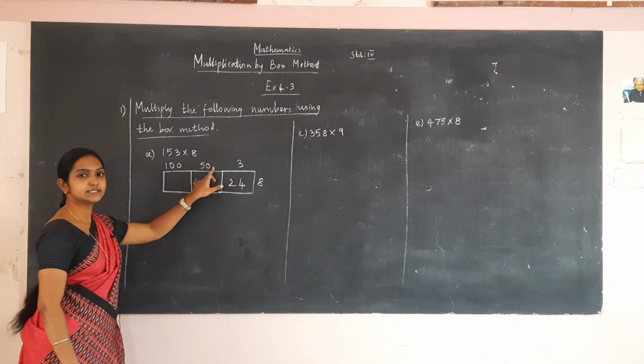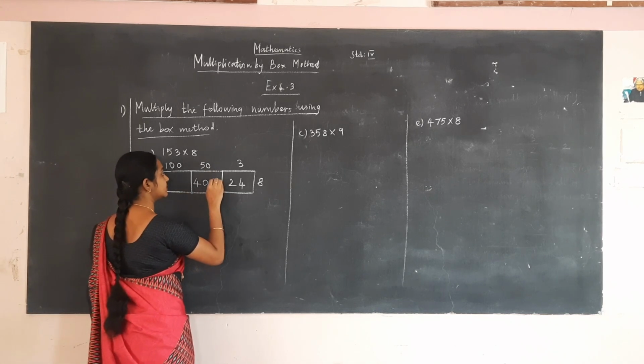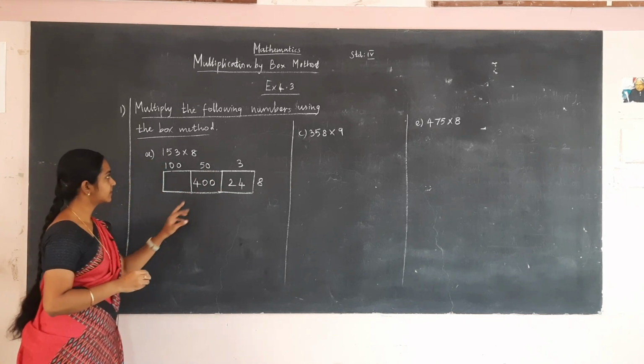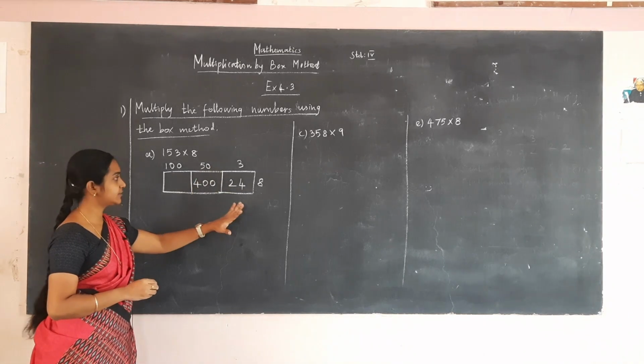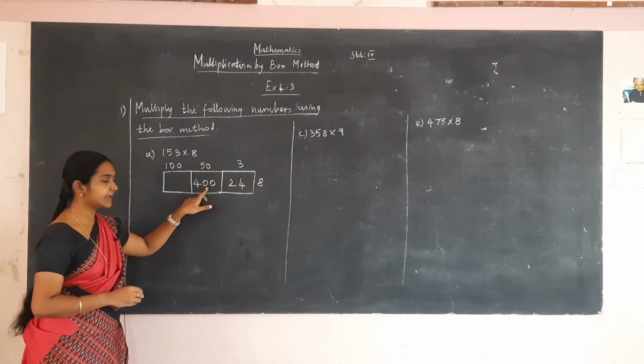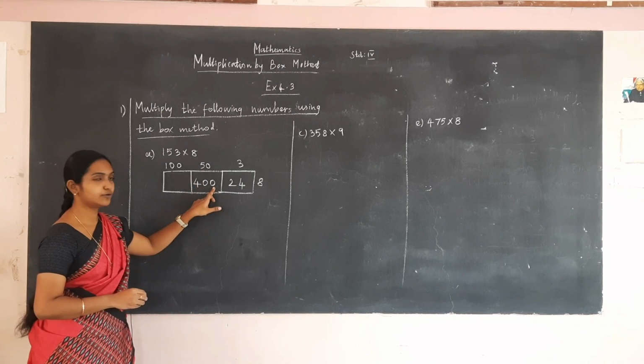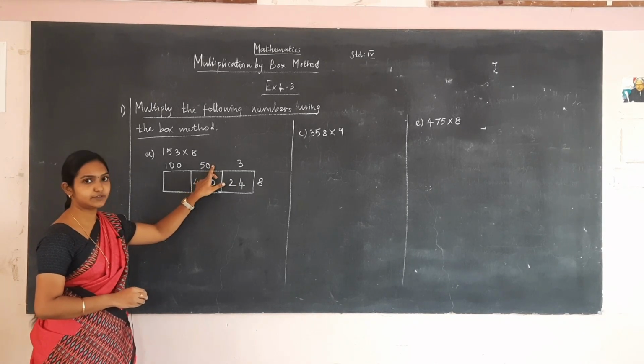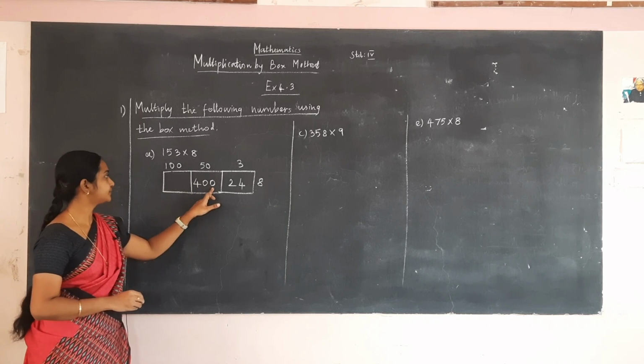We can leave the 0 and multiply 8 and 5 alone. Write 40 and add 1 zero because we have left a 0 in 50.